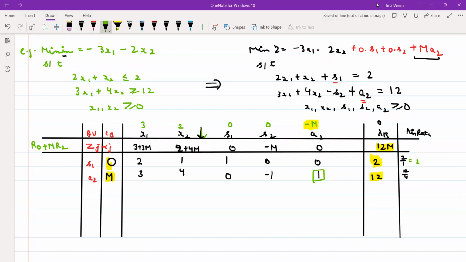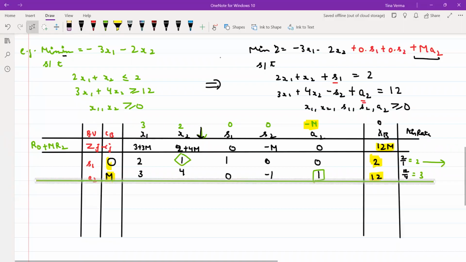It will give me 2. 12 divided by 4 is 3. Which is minimum? 2. That means this is my leaving variable. So this is my pivot element. This is already 1, so you need not write the row transformation. Just change the basic variable.